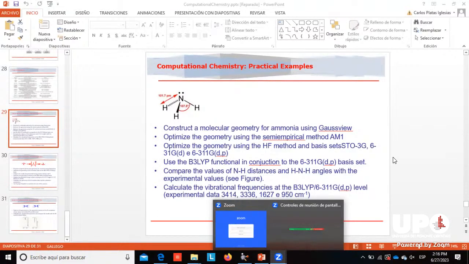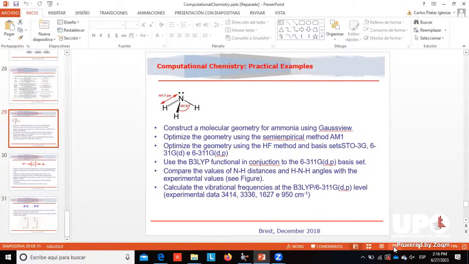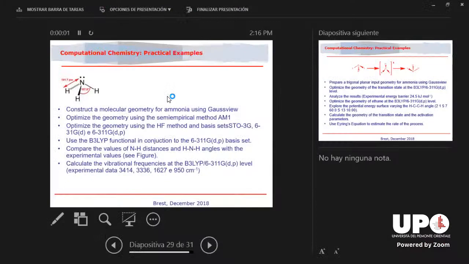So that's what we will do. We will start by modeling a very small system, and we will just try to do some small effects. I'm sharing the screen.